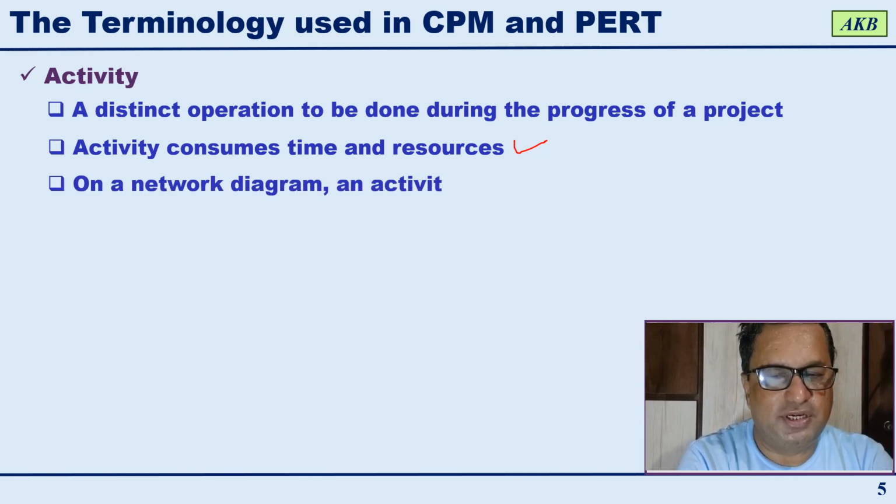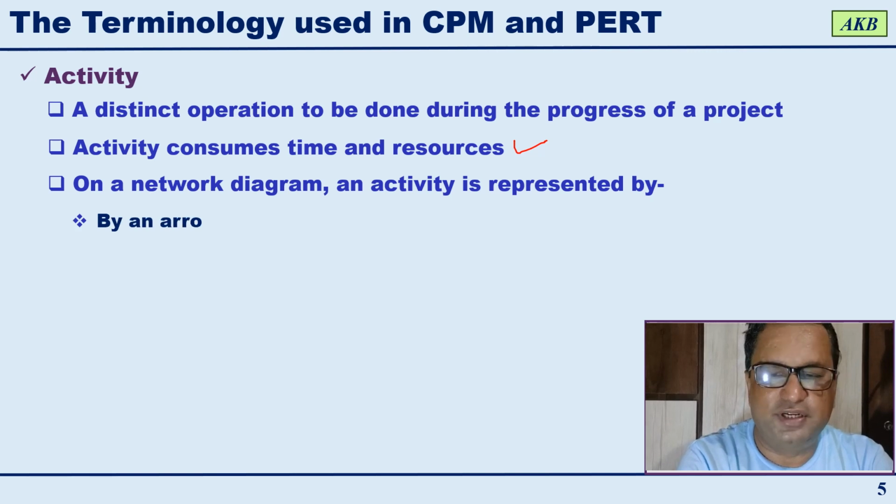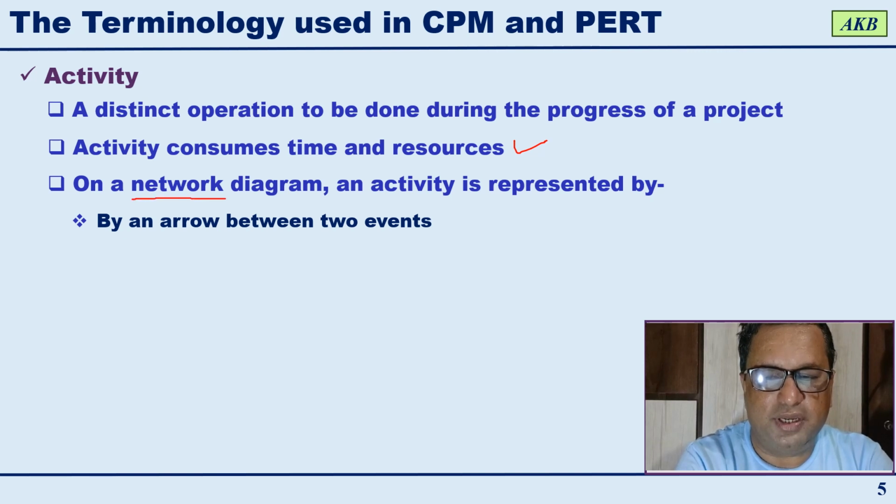On a network diagram, now let us talk about how it is represented. On a network diagram, an activity is represented by an arrow between two events. Now we are talking about an AOA network diagram, that is, activity on arrow diagram.